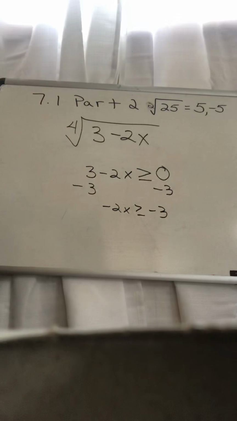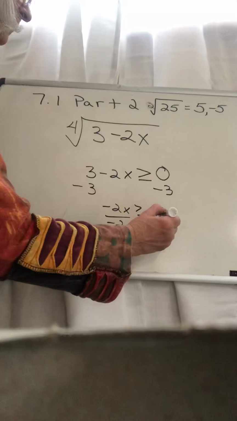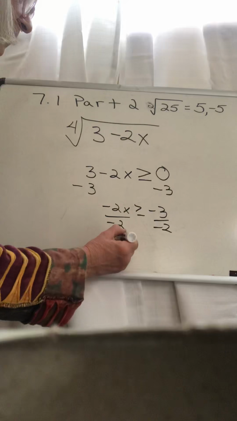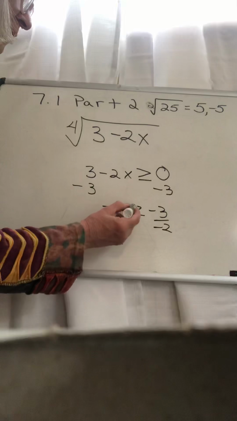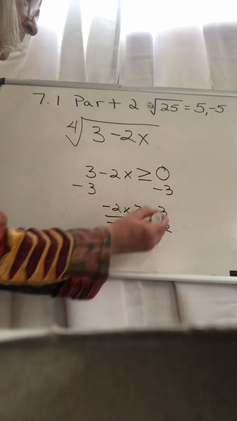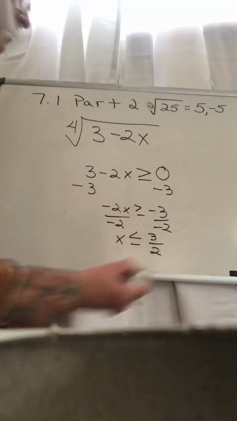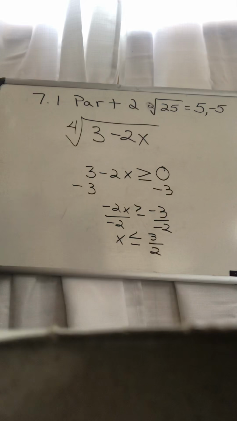So a negative 2x is greater than or equal to a negative 3, and then we divide by that negative 2. So x, our sign flips because we just divided by a negative 2. A negative divided by a negative is a positive. And so our answer is going to be x is less than or equal to 3/2.